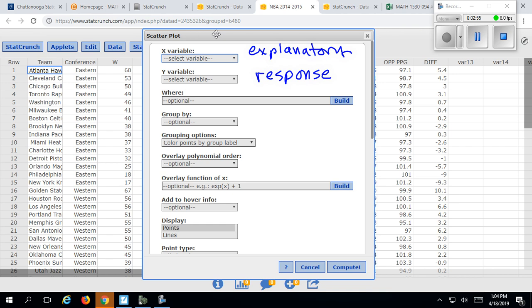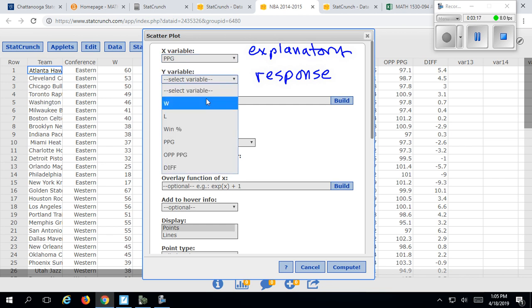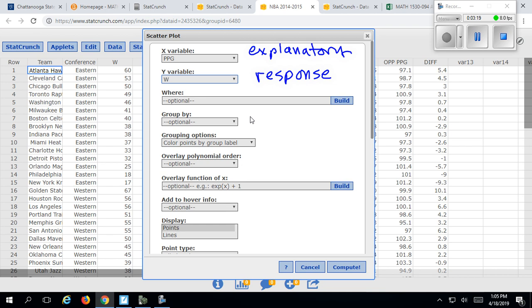So the explanatory variable is going to be the points per game. It's explaining the wins, and the wins is the response. It's the result of those points per game. So my x variable, I'm going to choose points per game, and my y is going to be the wins. The explanatory variable explains the response, okay?